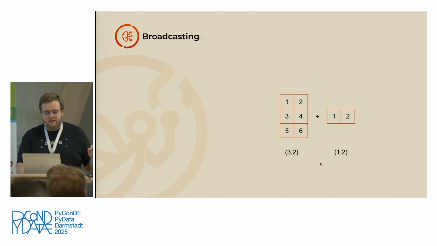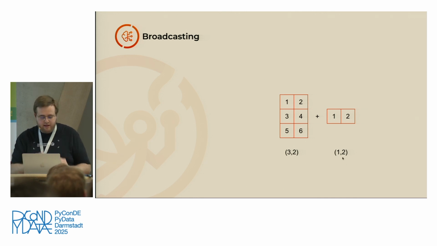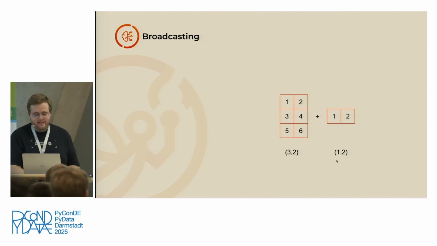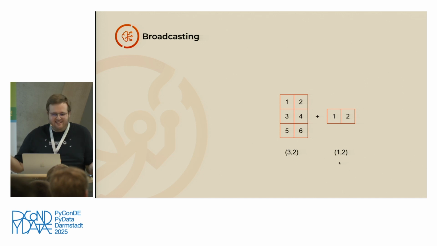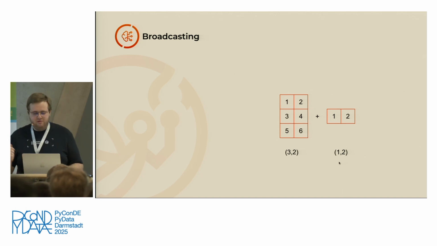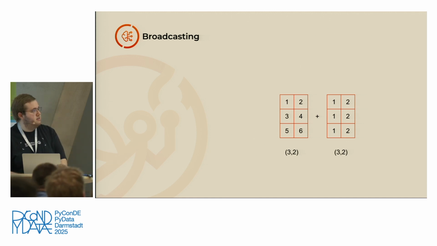And here, the tensors would be broadcastable if each dimension is equal, or one of them is equal to 1. So for example, here we have 2 and 2. They're equal, it's okay. Here we have 3 and 1, which is not equal, but at the same time, this is equal to 1, so it is still okay. And now what we are doing is we are repeating this dimension, and finally we obtained the tensors of the same shape.